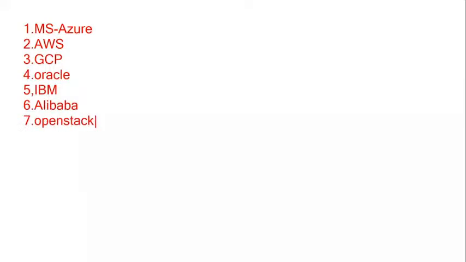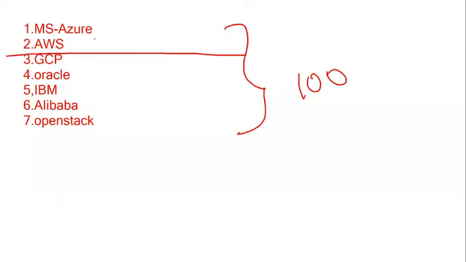We have n number of cloud vendors providing cloud computing technology. If you consider the cloud market as 100%, these two, Microsoft Azure and AWS, occupy 80%, and the remaining all share 20%.